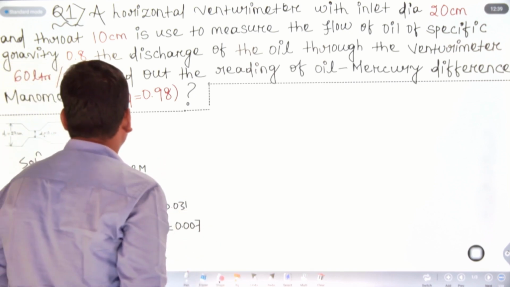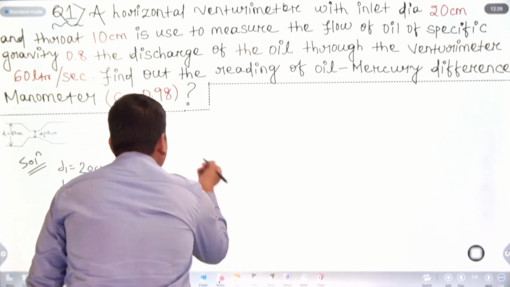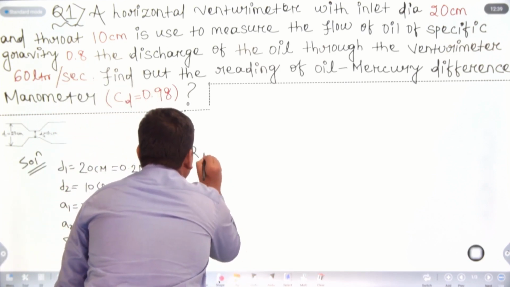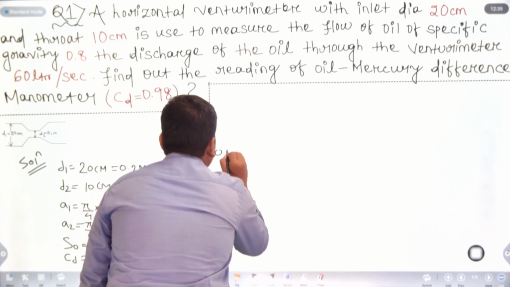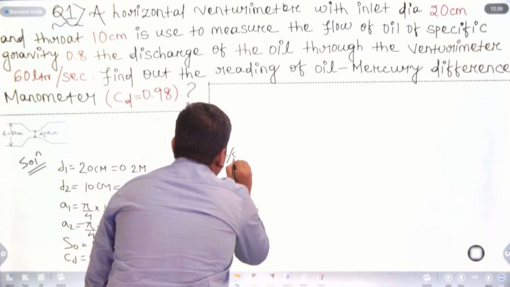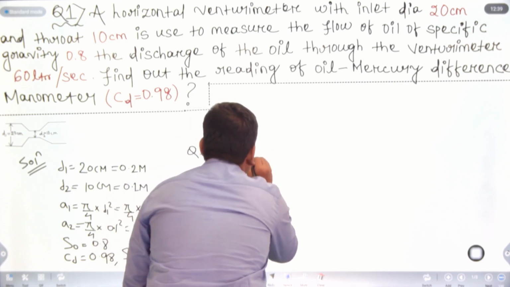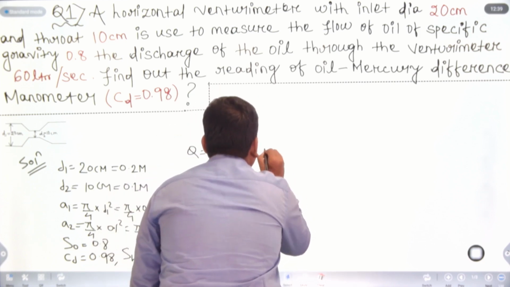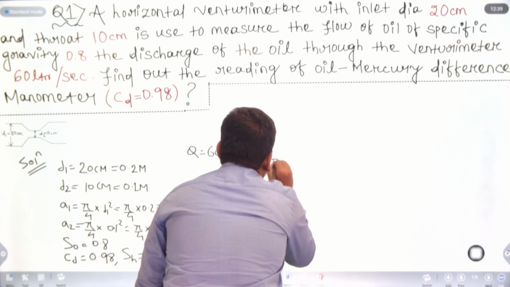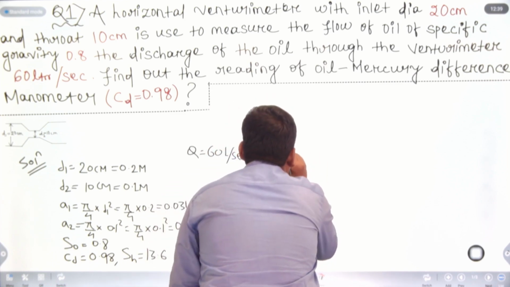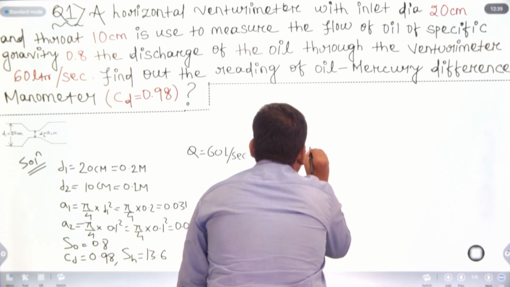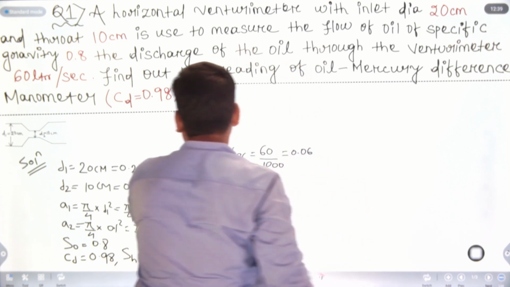Now coming to the problem, the data also given is Q equal to 60 liter per second. That means 60 divided by 1000, 0.06 your discharge.